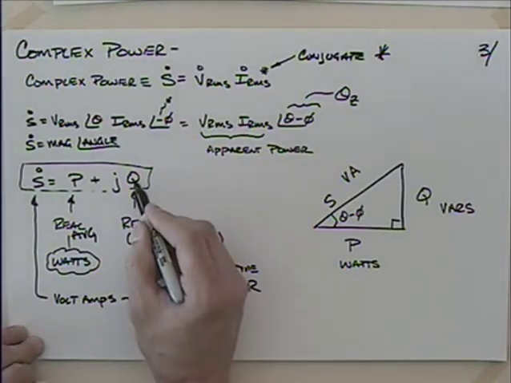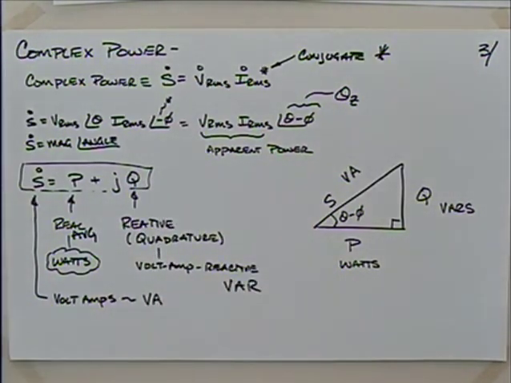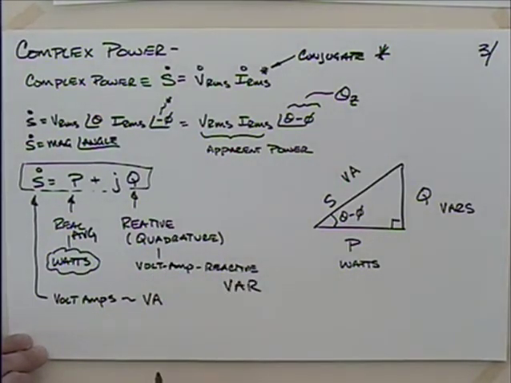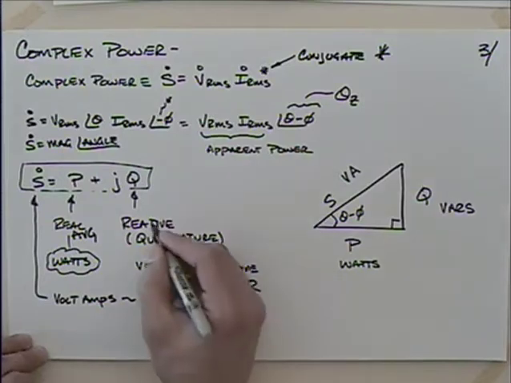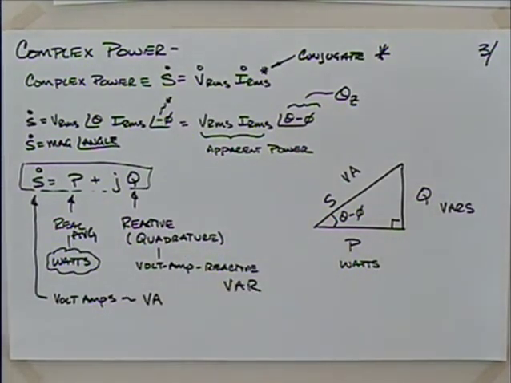Then the imaginary portion of this is what we call reactive power. It's the reactance, reactive power. That hopefully makes sense. I don't think I spelled that right. Yeah, I'm missing a C in there. There we go. Okay, reactive power. And sometimes, I think it's kind of old school, they'll call it quadrature.